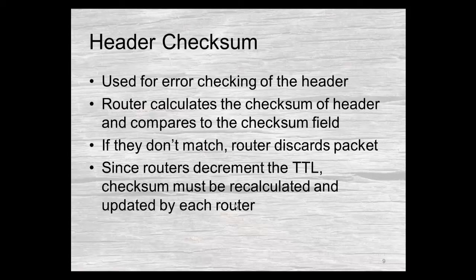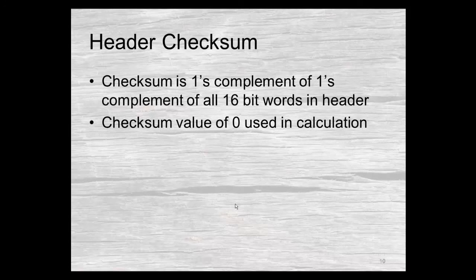Because the TTL, the time to live, is decremented at each router, the checksum has to be recalculated each time. The checksum is essentially what's called a ones complement of the ones complement sum of all 16-bit words in the header. Again, the checksum value is used as a 0 in that calculation. Don't worry about what a ones complement is at this point, but essentially it is a way of expressing a binary number.